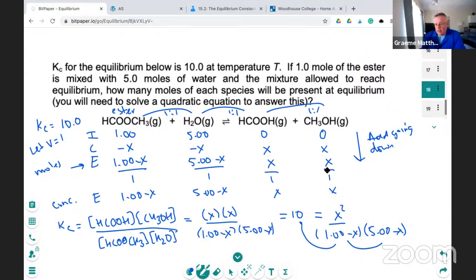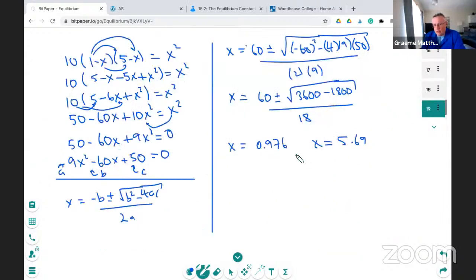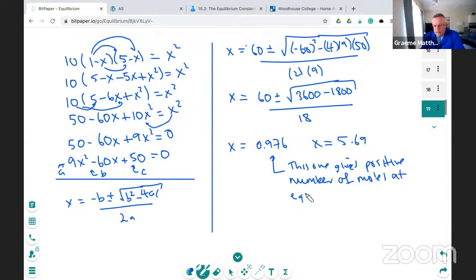And so over here, if I get my board to come down like this, this one gives a positive number of moles at equilibrium.